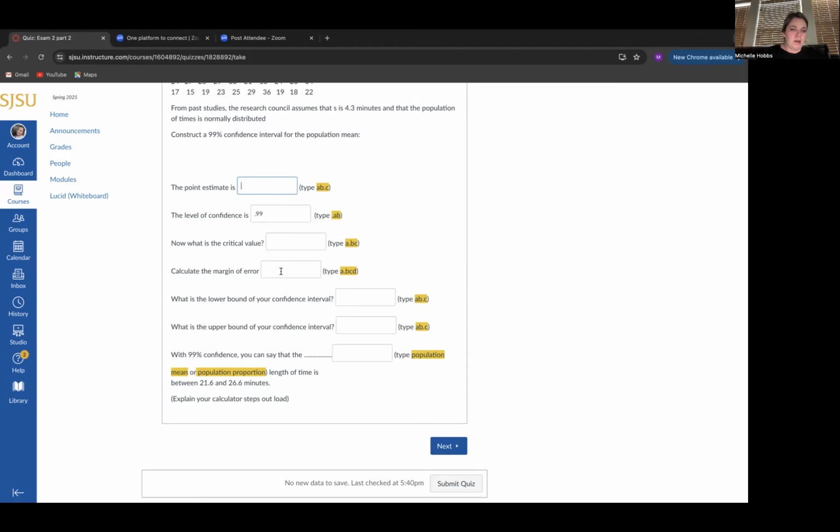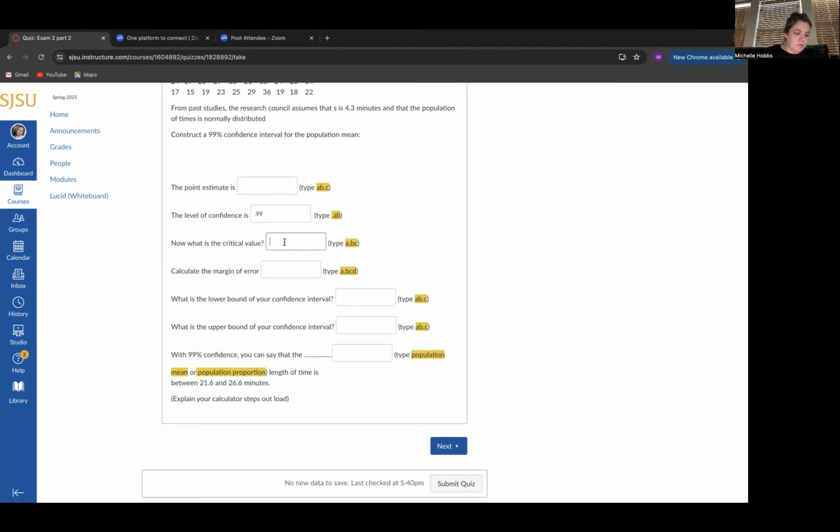So for a 99% confidence level, the critical value is 1 minus 0.99, which equals 0.01.